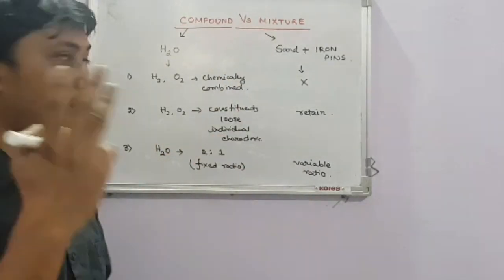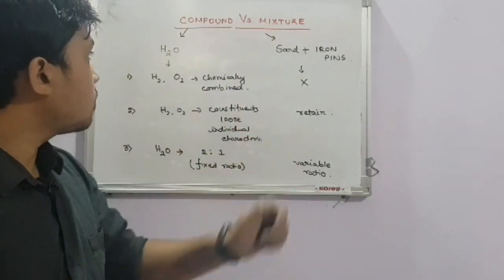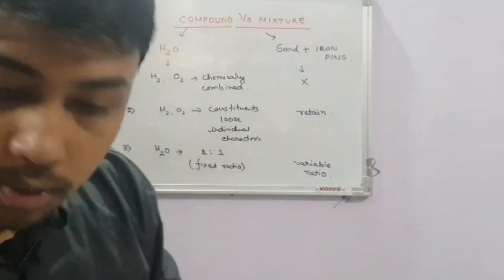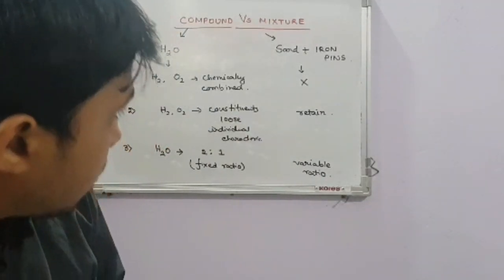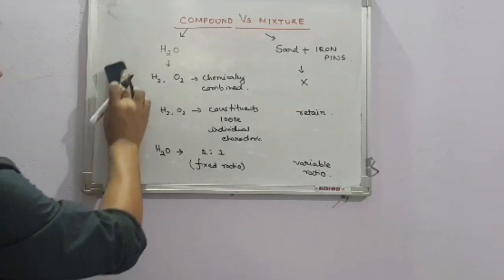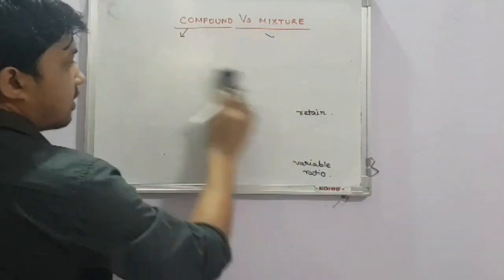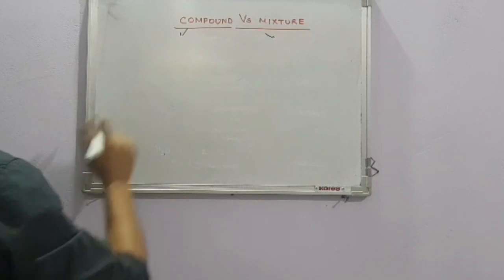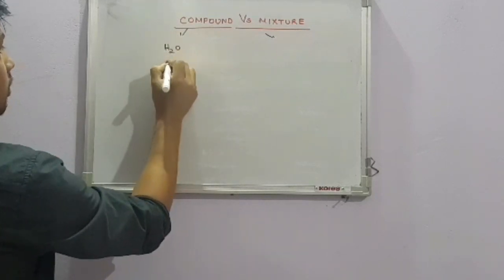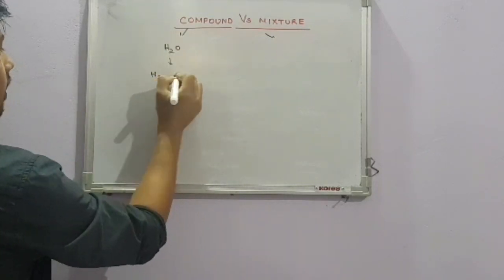As I said, there are 4 points. The last one is that if I ask you to separate hydrogen and oxygen from water, what will you do? Again, water has hydrogen and oxygen.